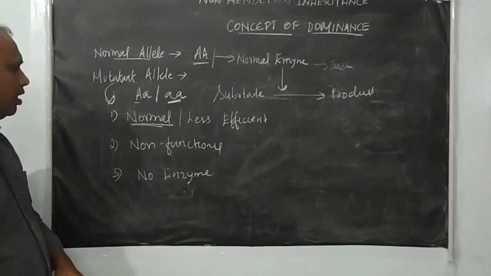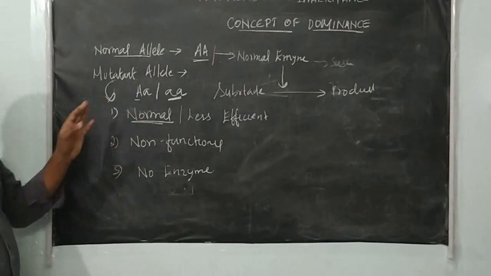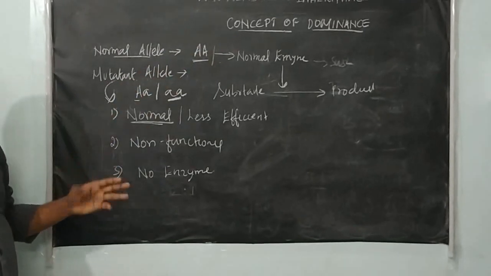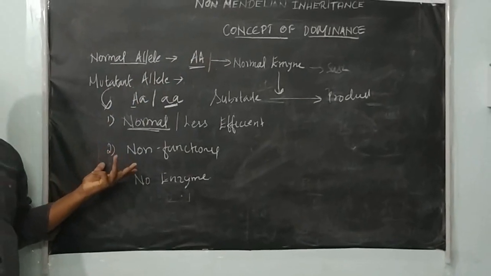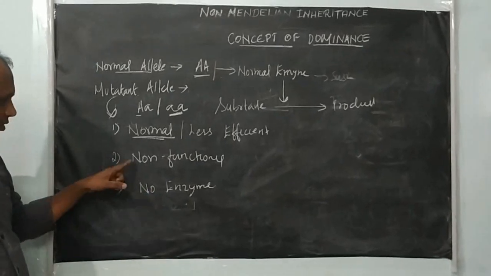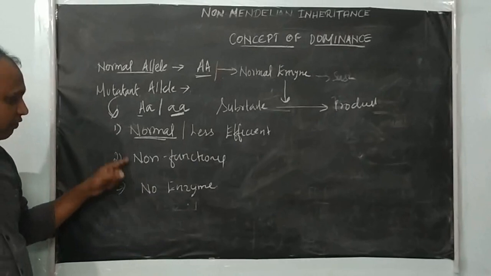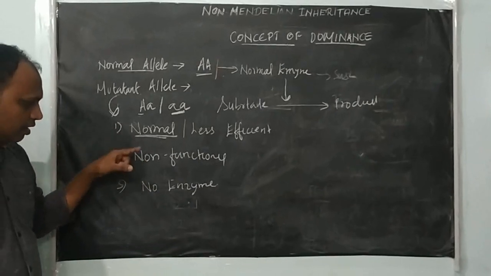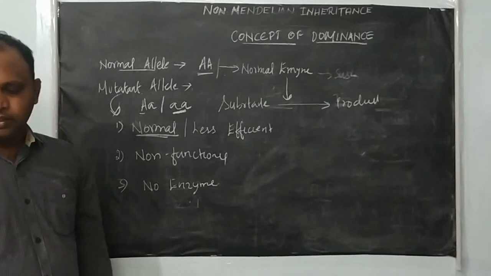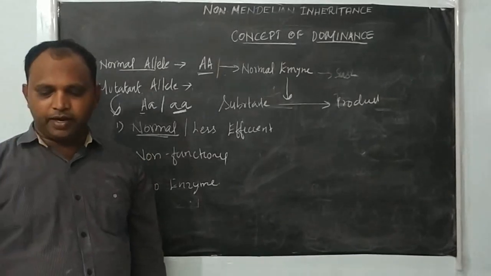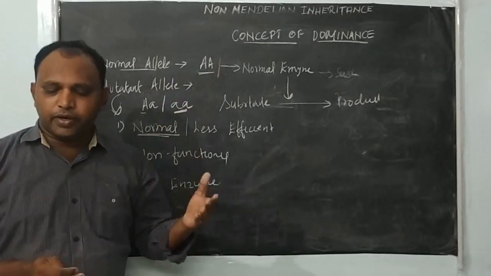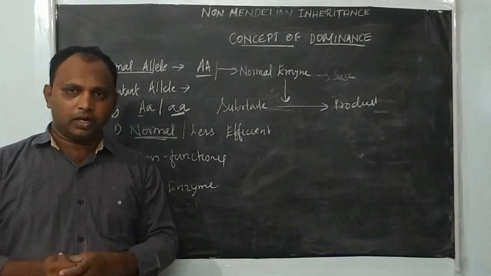When capital A becomes small a by silent mutation, it produces normal or less efficient enzyme, right? Now take case 2 and case 3. If the allele is responsible for production of non-functional enzyme or no enzyme at all, what has happened is that the dominant or wild type allele has been modified into the mutant type. Are you clear with this?